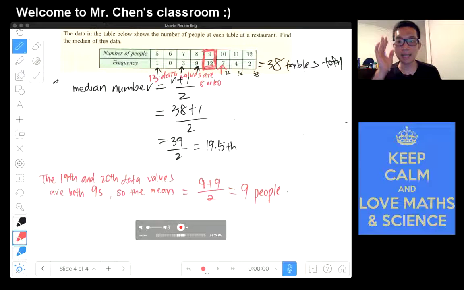It depends whether it is an odd or an even number of data. If you do n plus 1 divided by 2 and get a 0.5 at the end, that means it is lying between two different numbers, so you add those two numbers and divide by 2. From there you count.